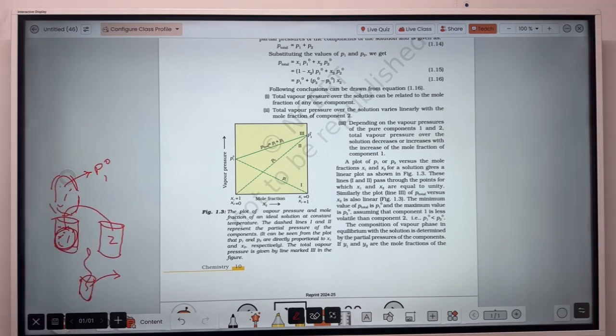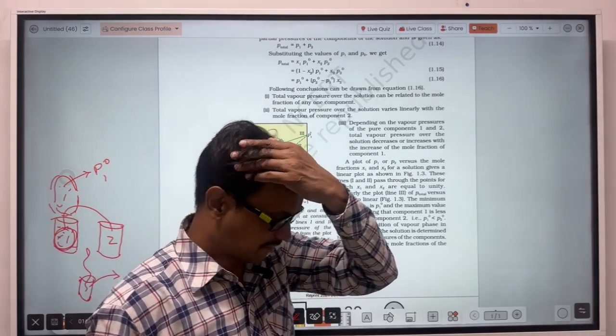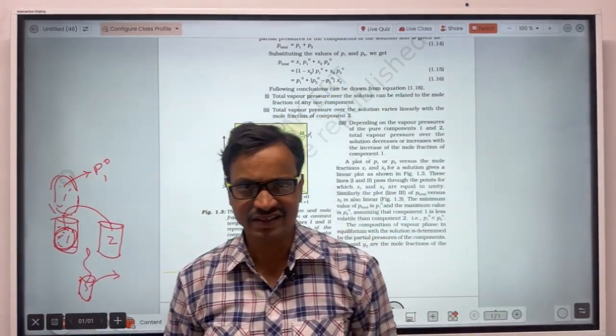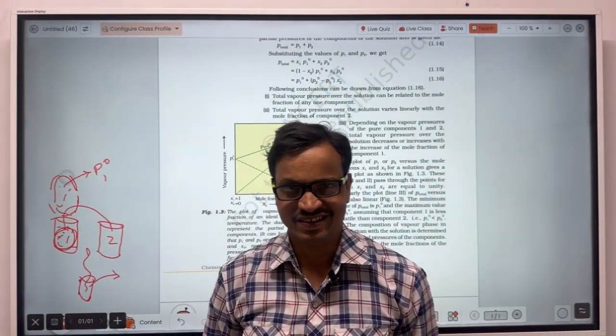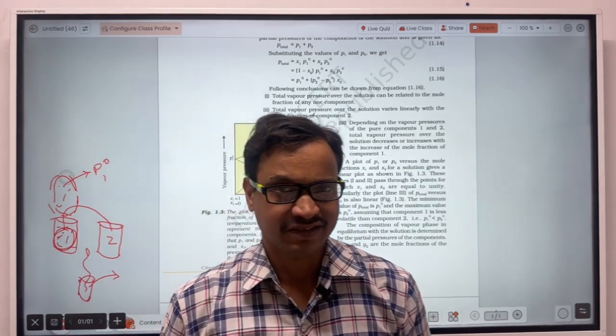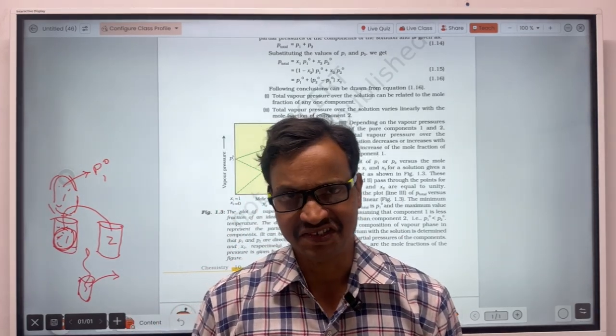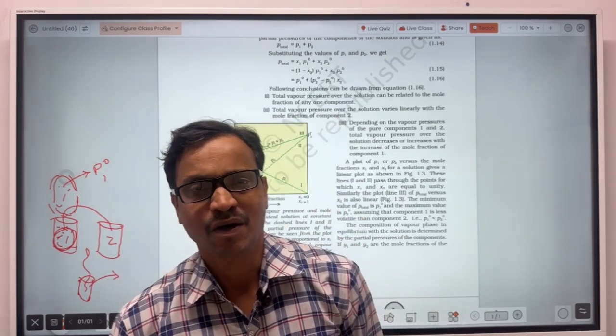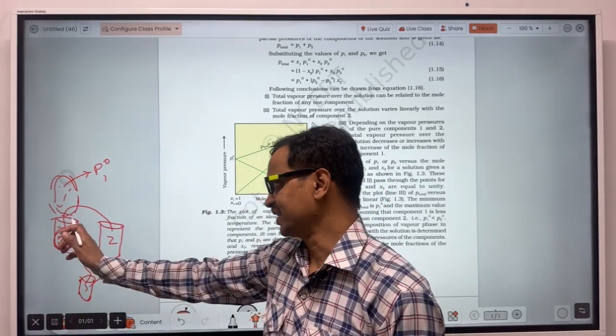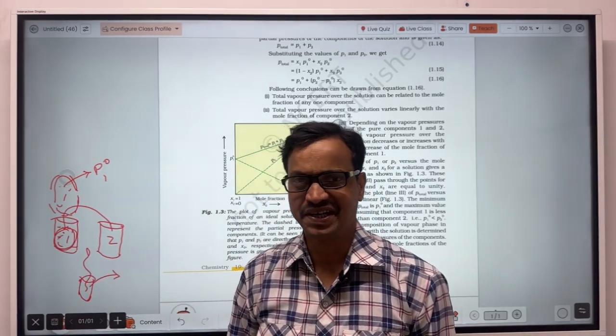Initially the vapor pressure of liquid 1 was maximum, that is P degree 1. P degree 1 is the vapor pressure of liquid 1 in pure state, or that is also the maximum vapor pressure of liquid 1.